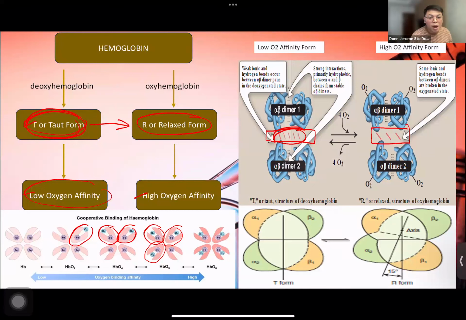So pag na-disrupt yung mga ionic bonds, yung salt bridges, that converts your hemoglobin into its relaxed or R form, the high oxygen affinity form. The property of hemoglobin that makes it easier for succeeding oxygen to bind is what we call your cooperative binding or positive cooperativity effect.